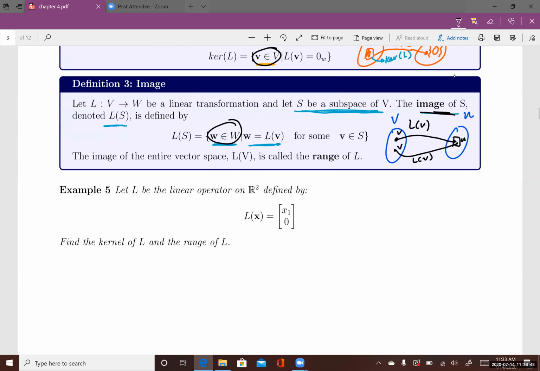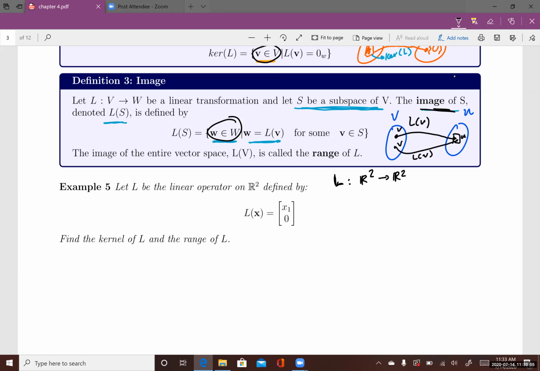Let's look at example number 5. You have a linear operator on R2, so this is a linear transformation from R2 to R2. This is the definition of the linear operator: if you apply it to a vector in R2, it gives you a vector where the second coordinate is 0 and it preserves the first coordinate.